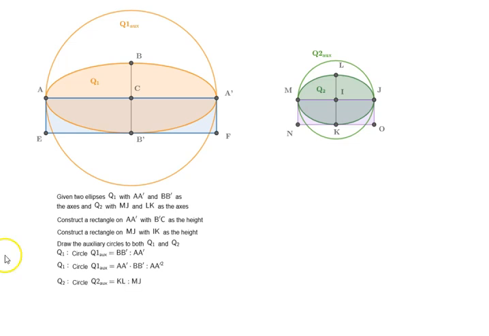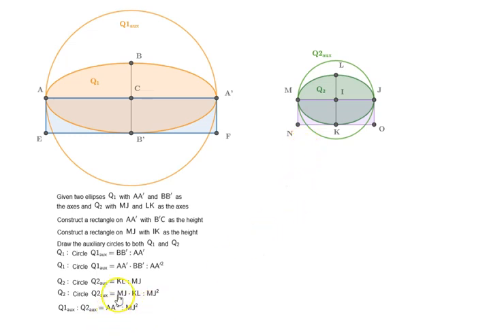Similarly, for the other, Q2 is to circle Q2 auxiliary as KL is to MJ. Again, multiplying the antecedent and the consequent by MJ, we get MJ times KL is to MJ square. And we know that these two auxiliary circles are to each other as the squares on their diameters.